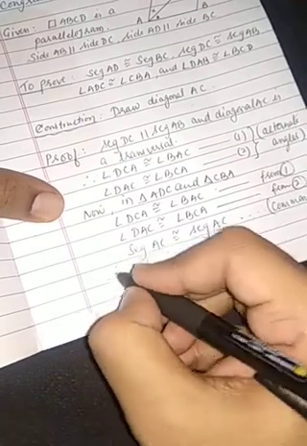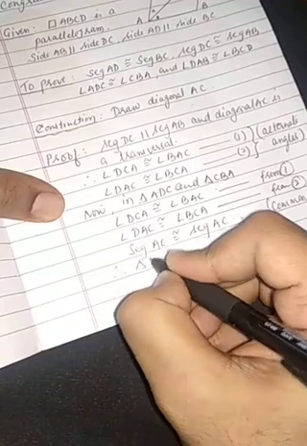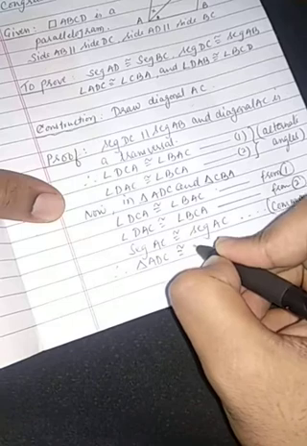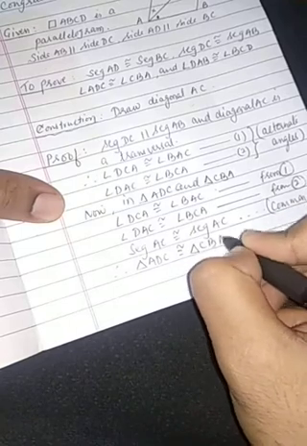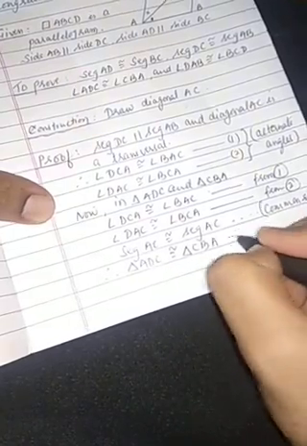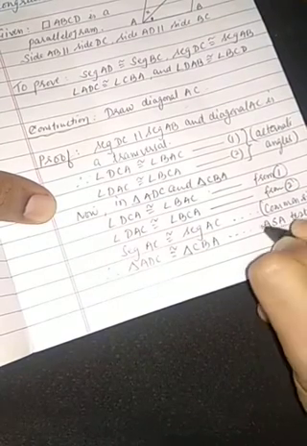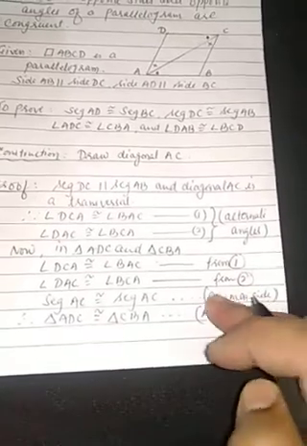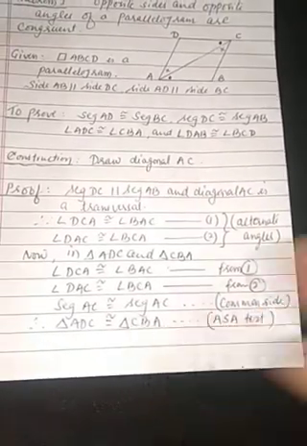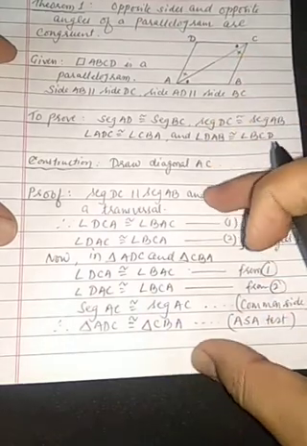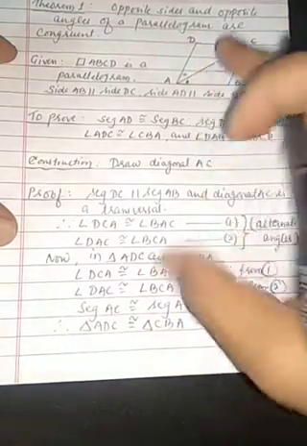ASA test. So you can write here, therefore triangle ADC is congruent to triangle CBA. Okay, and write down the reason. What is the reason? ASA test. Okay, we have already studied about the test of congruency of a triangle, right? So we have reached one step, that we have proved corresponding triangles are congruent.